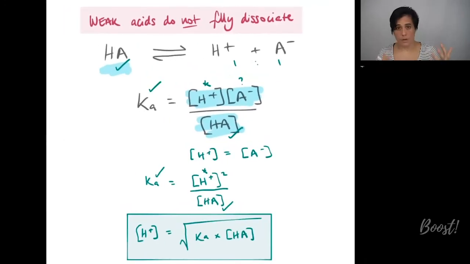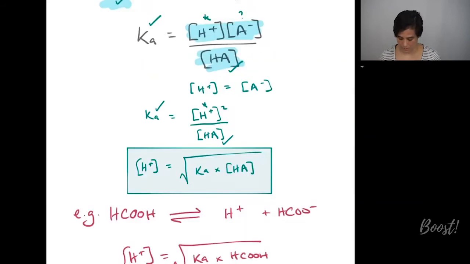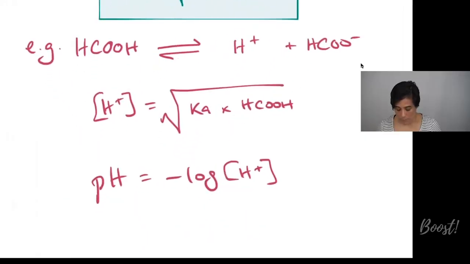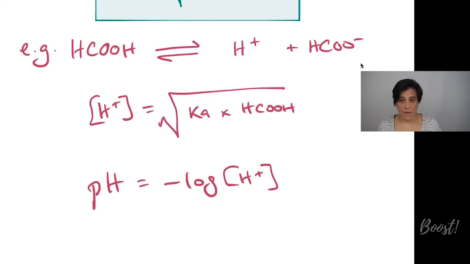So because weak acids don't fully dissociate, we can write our equilibrium equation and our equilibrium constant, but we can assume that the concentration of H plus and A minus ions are the same, and that allows us to transform the equation in this way. So here's an example of methanoic acid dissociating into H plus and HCOO minus.